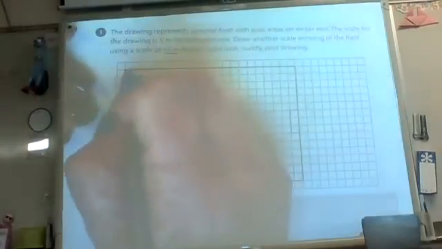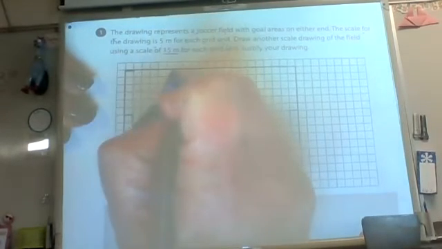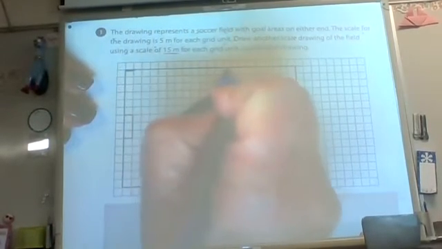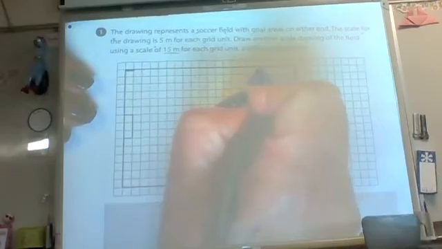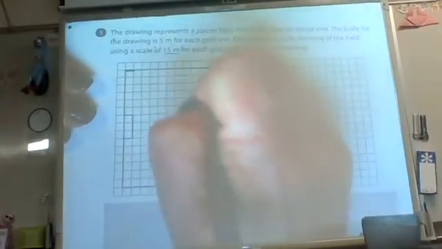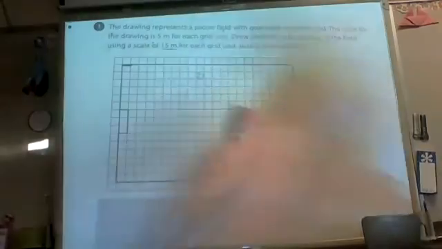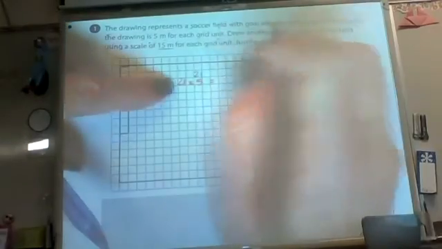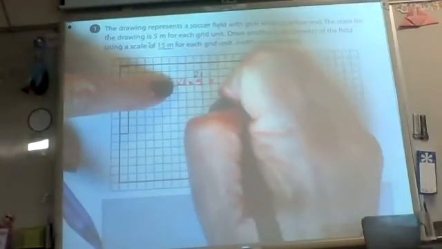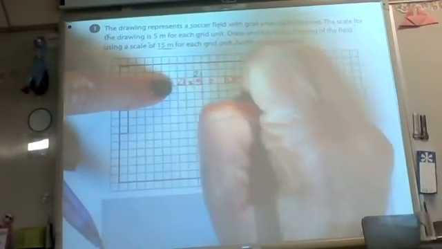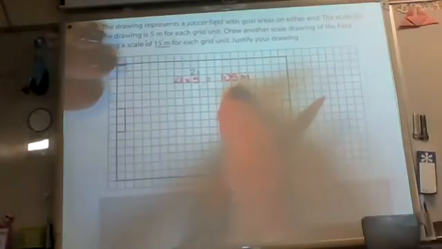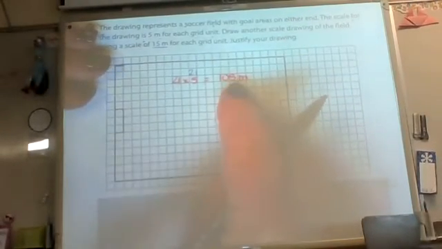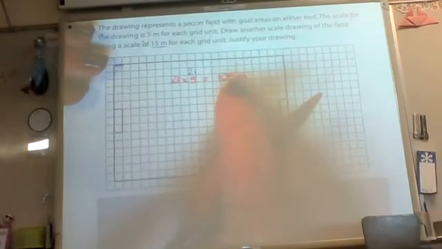So if this side is 1, 2, 3, 4, 5, 6, 7, 8, 9, 10, 11, 12, 13, 14, 15, 16, 17, 18, 19, 20, 21, that's 21 units long, right? So if we take 21 and multiply it by 5, that comes out to be how much? 100. So the actual length of this side is 105 meters, right?